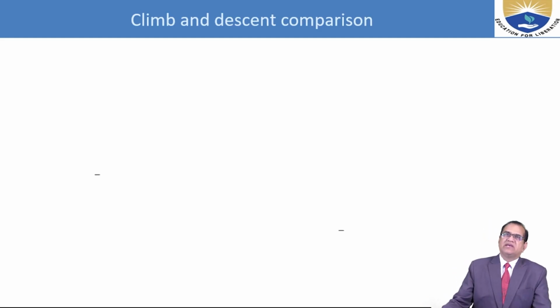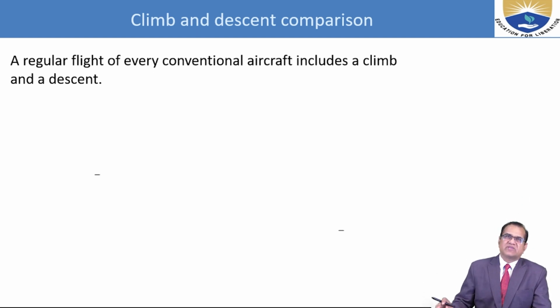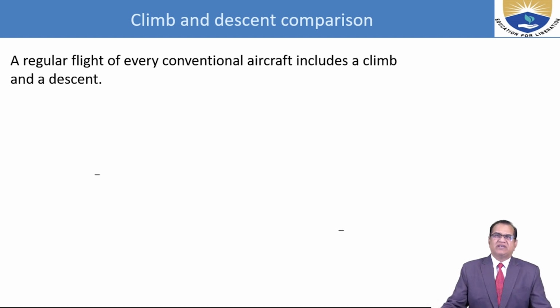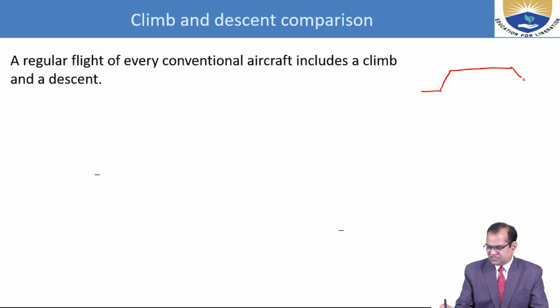So, again, as I do every time, a regular flight of every conventional aircraft includes a climb and a descent. If you see any aircraft, this is your takeoff, then this is the climb, and then this is the cruise, then this is the descent.